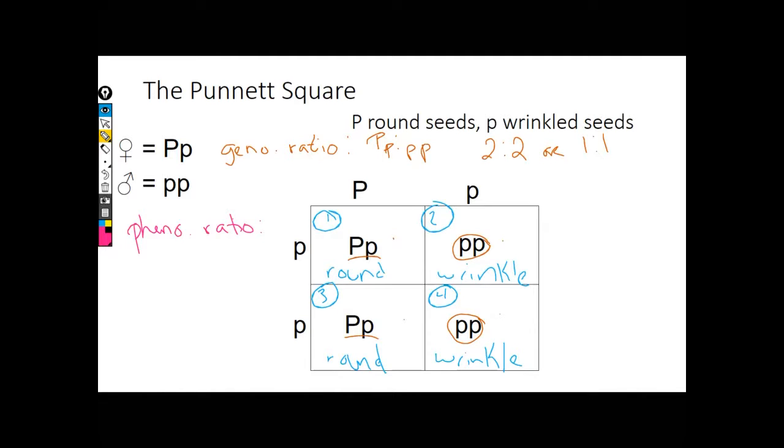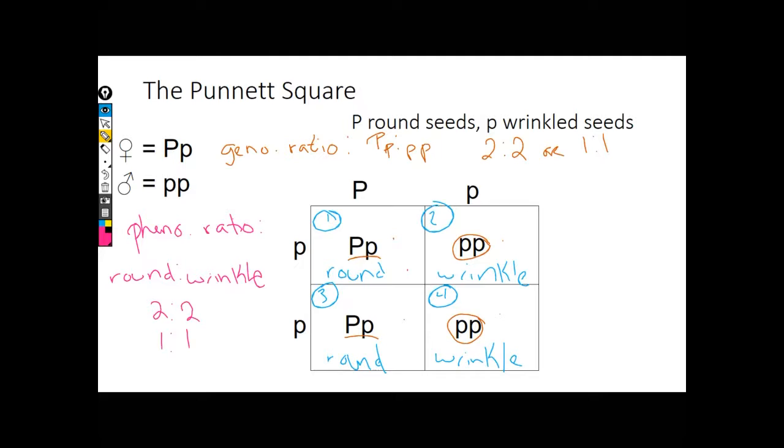So the first thing I'm going to do is list the phenotypes I have. In this case, I have round and wrinkly. And again, we'll count the boxes that we have for them. 2 and 2, or you can reduce that and say 1 to 1.